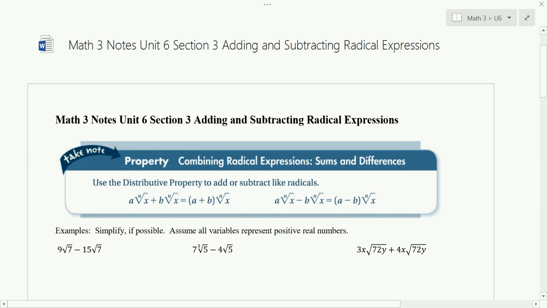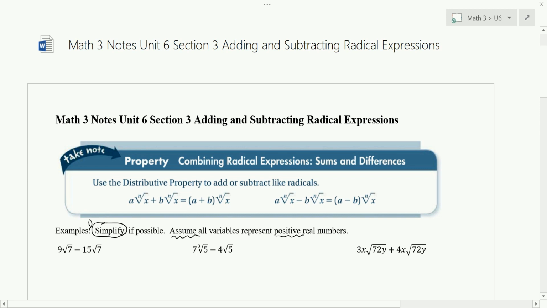On these examples, we're asked to simplify, if possible. And we need to assume all variables represent positive real numbers. So we're going to assume that everything is positive, which just means we don't have to worry about absolute value.